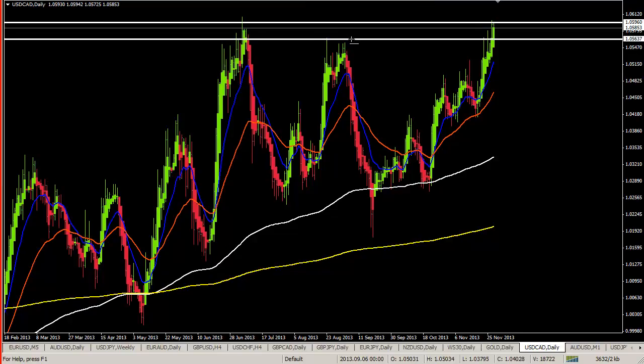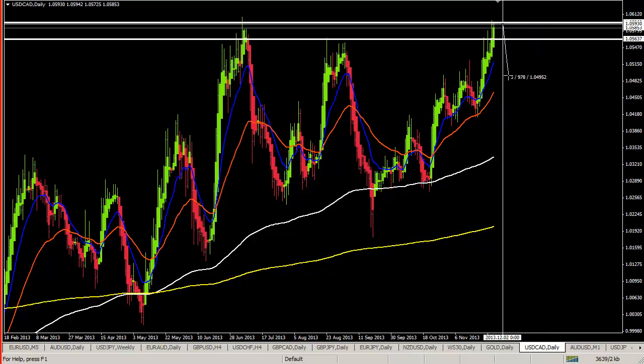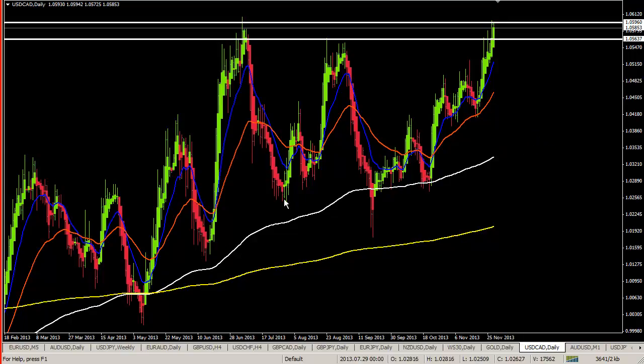It started since here, spiking up and up and up, so it might retrace. Just by looking at all these sudden moves on the USD Canadian dollar, we might see a bigger retracement of 100 pips, or maybe even price moving down close to the 200. Look at this, it's always doing that here, right? If it really fails here.